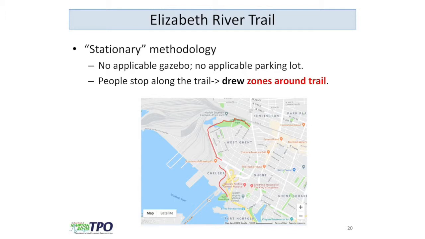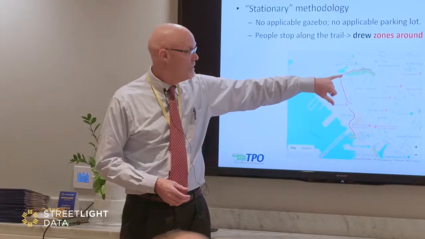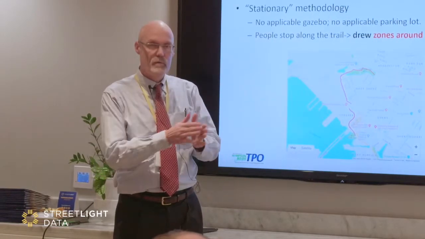Yeah. Now, this was the third method that I used, for the Elizabeth River Trail, which is in Norfolk, and is another great trail that I want you to ride because it goes by all these breweries. You see Smart Mouth here. Anyway, there was no gazebo that I could use, and no parking lot that I could use. So I tried drawing my zone around the whole trail. Can you see that? That's actually a skinny zone, okay?